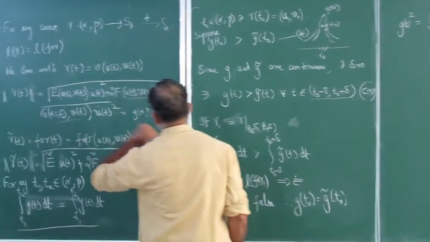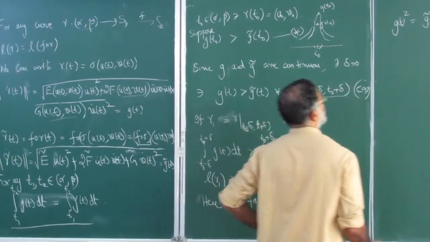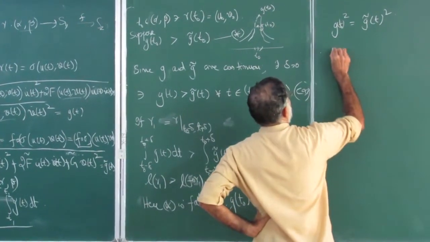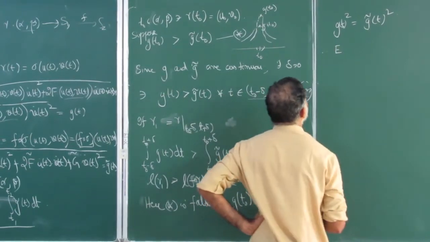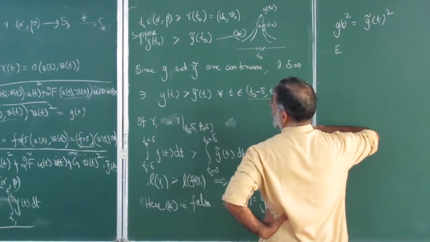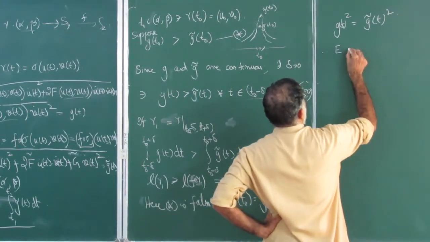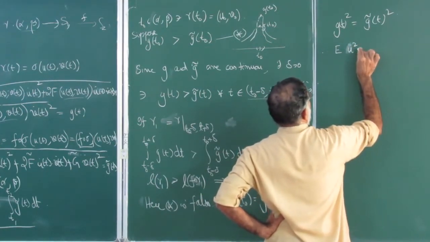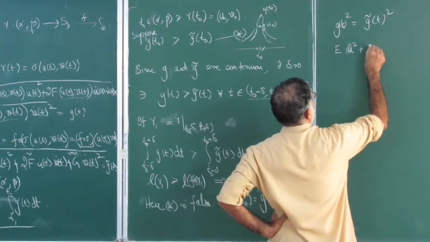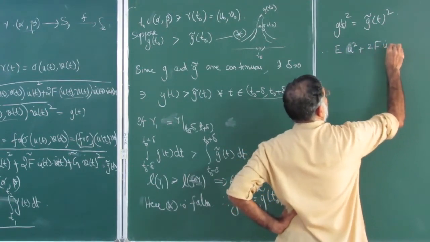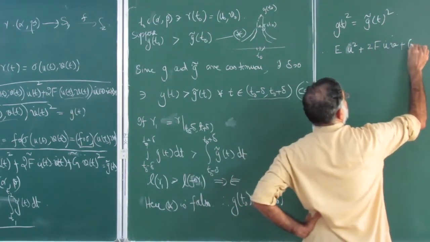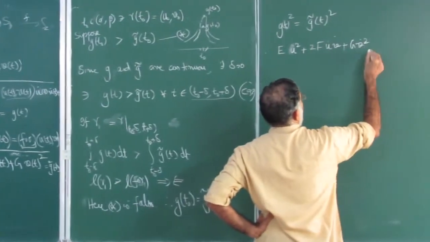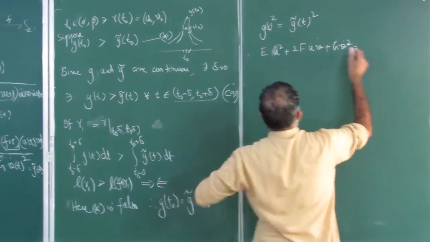Now I'm not going to write those evaluated points. So therefore, E u̇² + 2F u̇ v̇ + G v̇² is equal to the other side.